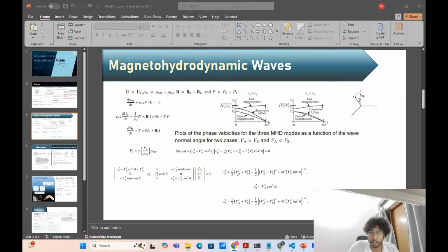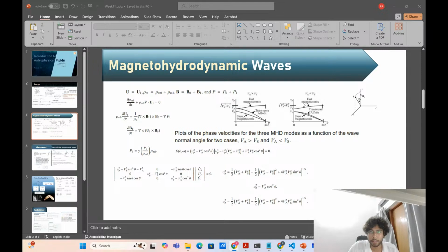where this one will be VA, and this one will give you the slow magnetosonic solution, and the Alfvén wave will still be VA at theta equals 0, and the wave will have the same velocity as the slow magnetosonic wave velocity at theta equals 0, right?